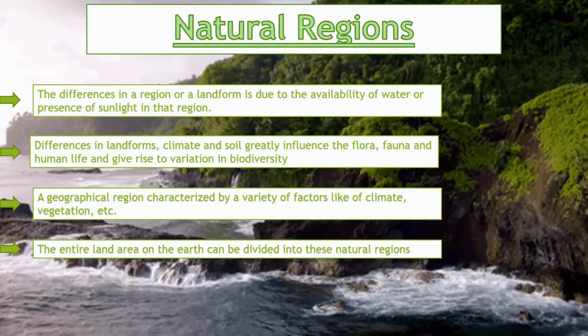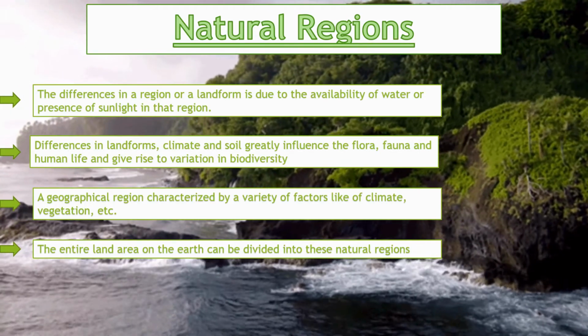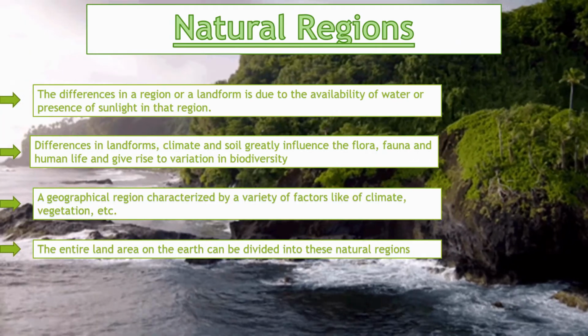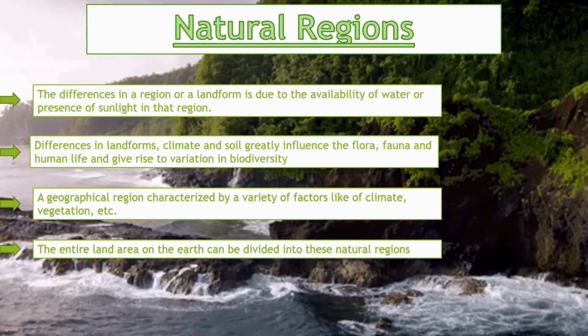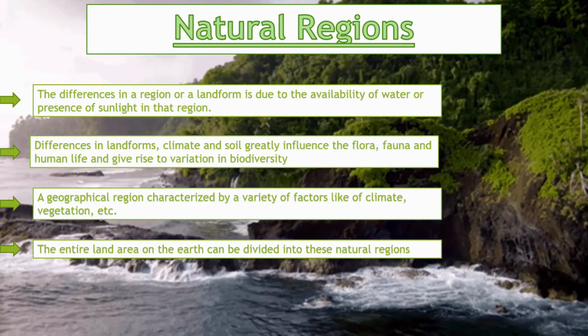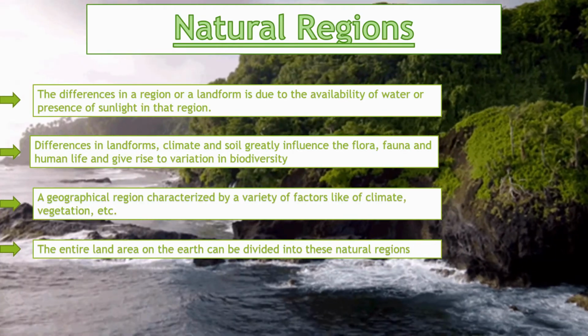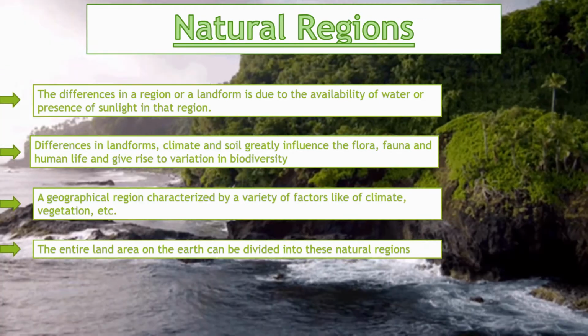As these regions stand out on the basis of natural factors, they are called natural regions. The natural environment of such regions affects the living world, including human beings. The entire land area on the earth can be divided into these natural regions.